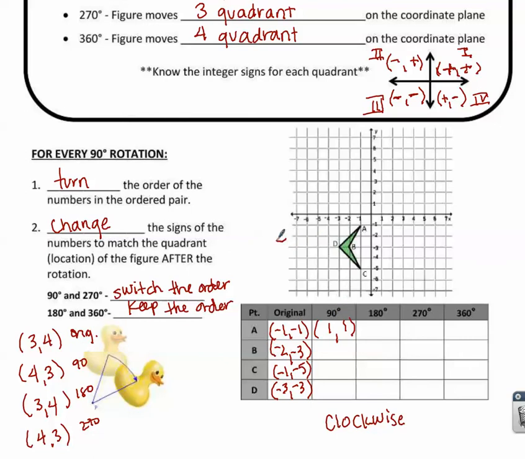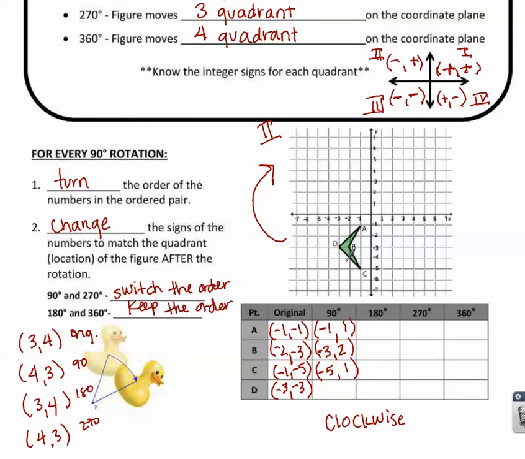You have the ones switch, which you can't see because they're the same number. And if you go clockwise, you're going to end up in quadrant 2. The signs in quadrant 2 are negative, positive. For B, rotate your numbers to be 3, 2. You're in the second quadrant, so you should have -3, +2. For C, it's 5, 1.